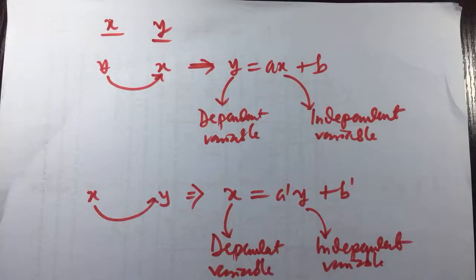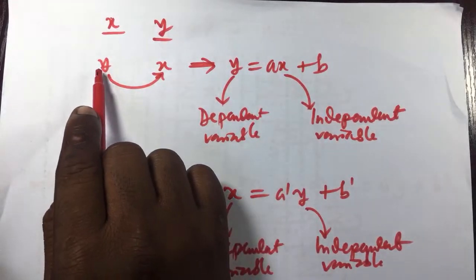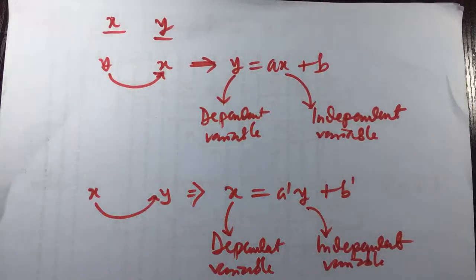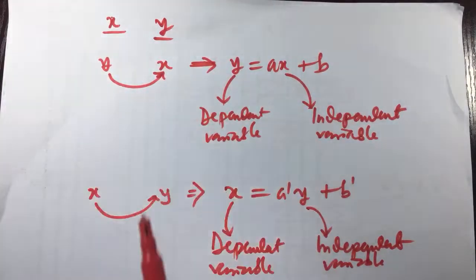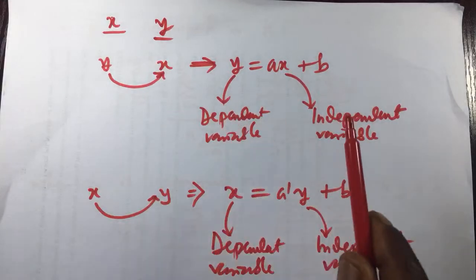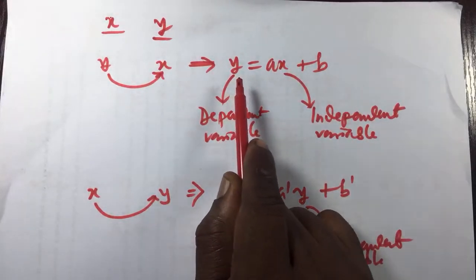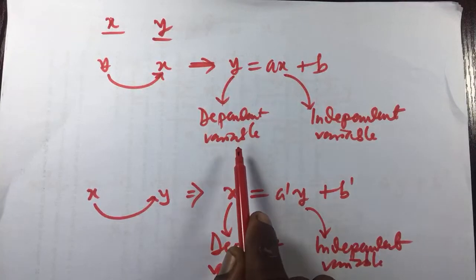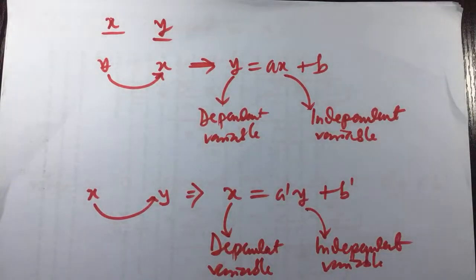In that class, I explained that when somebody tells you to regress y on x, or regress a variable a on a variable b, what it means in this case is that y becomes your dependent variable and x acts as your independent variable.